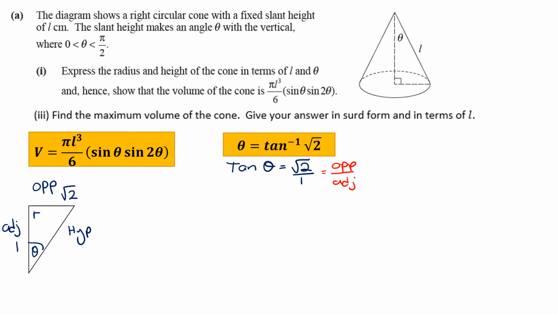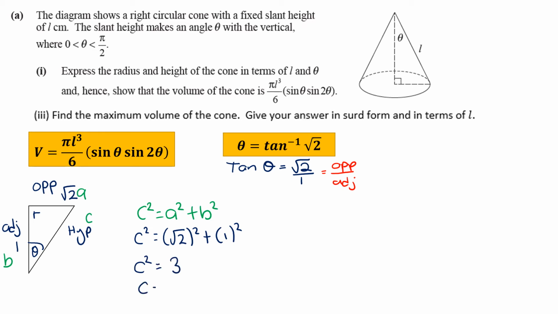Using Pythagoras, C-A-B, I have c squared equals a squared plus b squared. So I have c squared is equal to root 2 squared plus 1 squared. So that's 2 and 1 is 3. So I get c squared is equal to 3. So c is equal to root 3. And that allows me to write sine of theta as opposite root 2 over hypotenuse root 3.